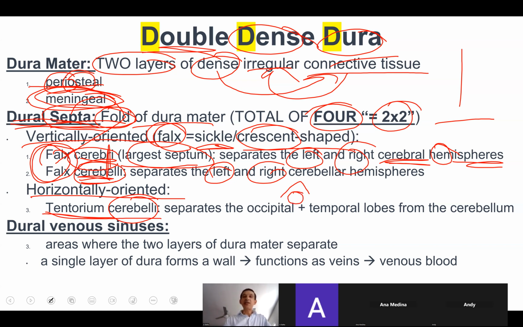And if there is a cerebellum here and there is a tent-like structure above it, that means something else is on top, because cerebellum is under the cerebrum.